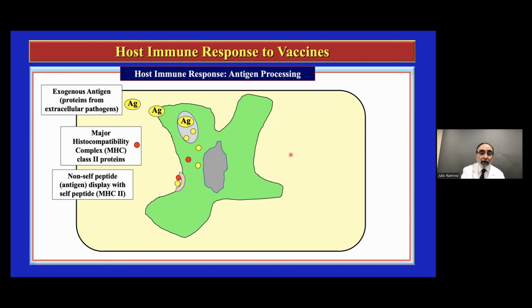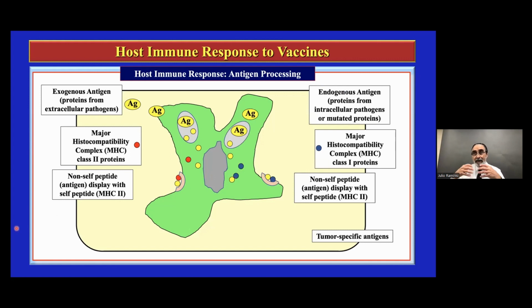Here you have the representation of this dendritic cell presenting the non-self, the yellow, that belongs to a pneumococcus, and the self, the red, that is one of our own proteins. Now, there's another consideration, that sometimes the antigen is inside of the cell. A virus multiplies inside of the cell.